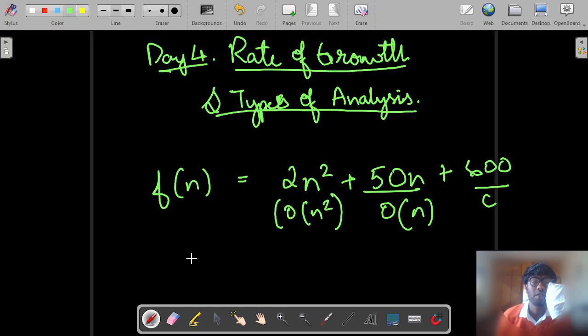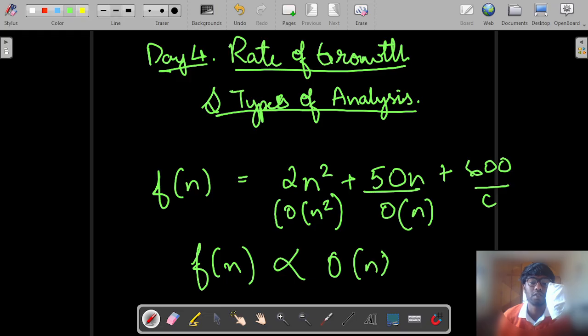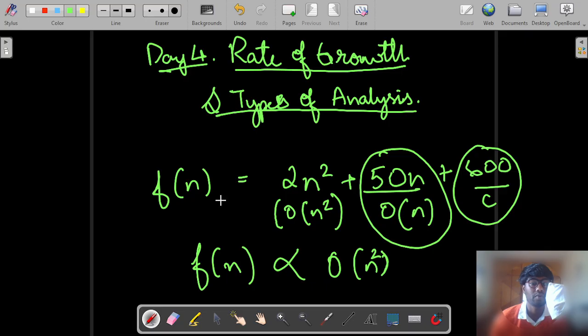So if you see, we can say this is directly proportional to O of n square. Even though the other terms have some weightage to this function's output, we are ignoring the lower powers and only considering the upper bound of n, where n square has the higher weightage.